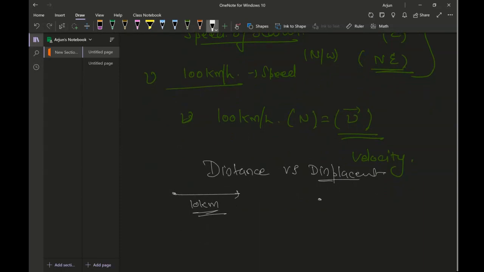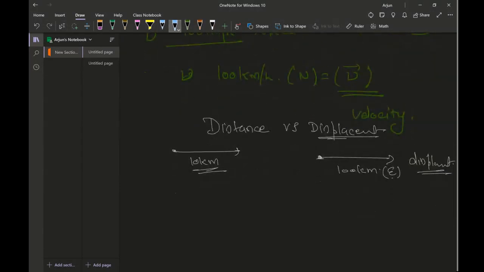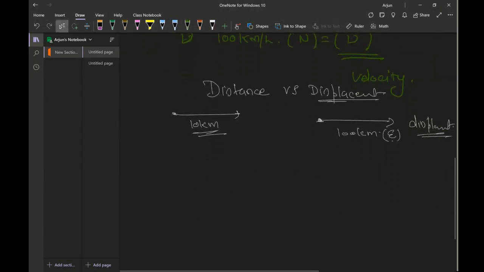Now, same person covers 100 kilometers in east direction. This becomes displacement.